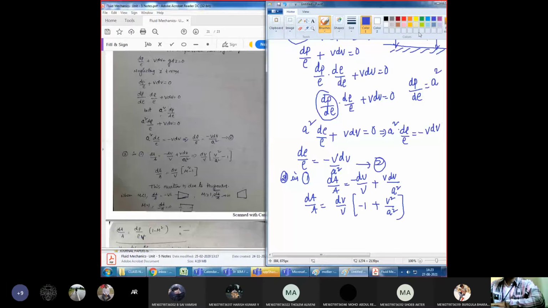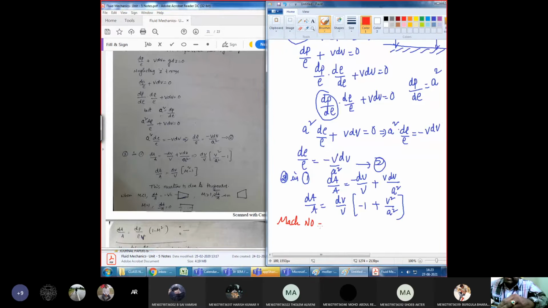Right, now here I am going to define one new term that is called Mach number. Mach number is a non-dimensional number, a very important parameter whenever we are studying compressible flows. Compressible flows are categorized based on the Mach number.